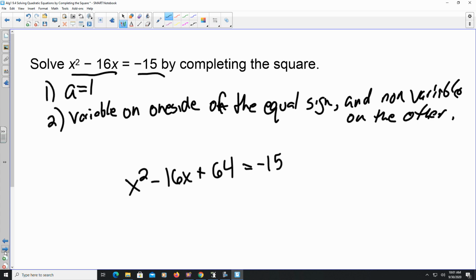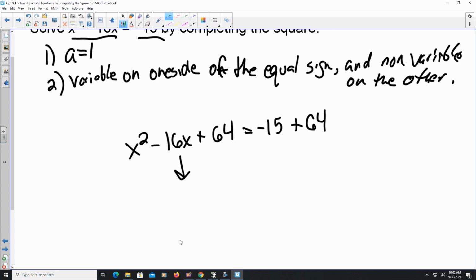But because I added this 64 to the left-hand side of the equation, I must do that to the right-hand side of the equation. From here, I want to factor x squared minus 16x plus 64 as the square of a binomial.